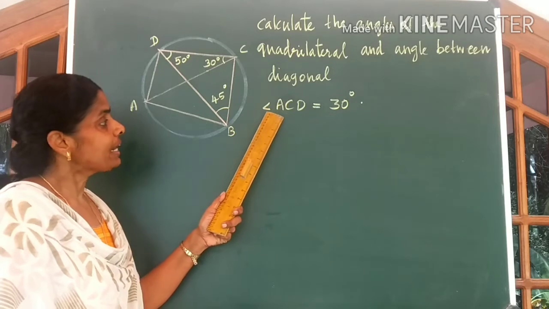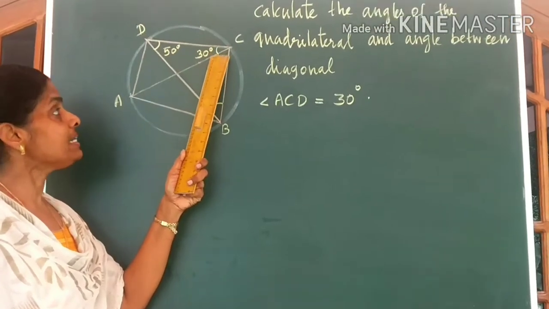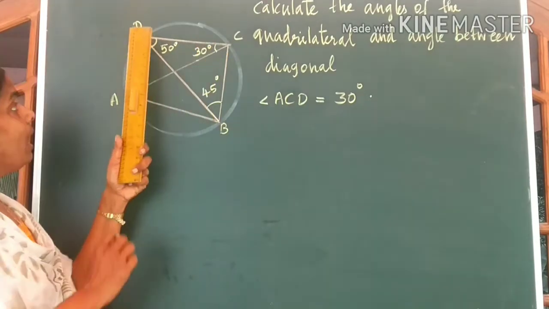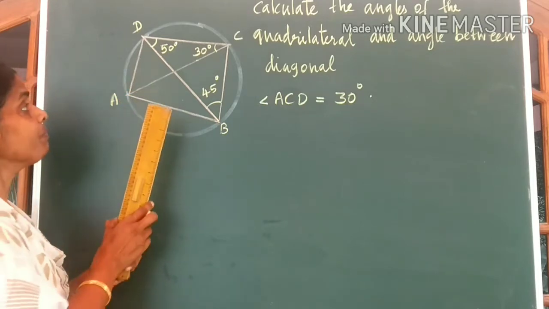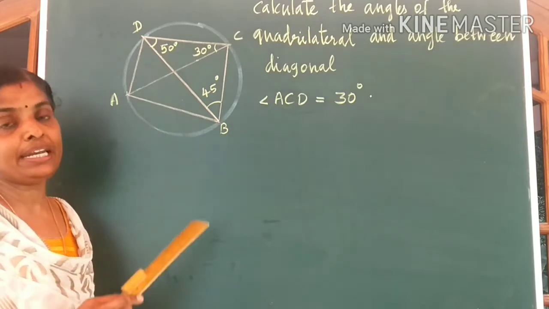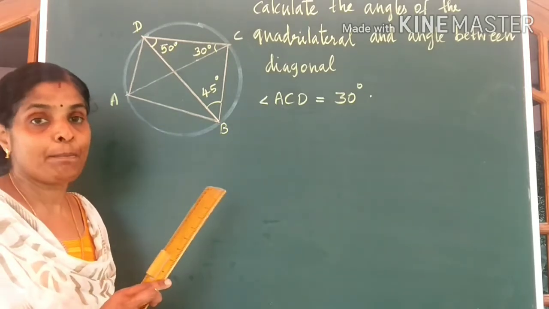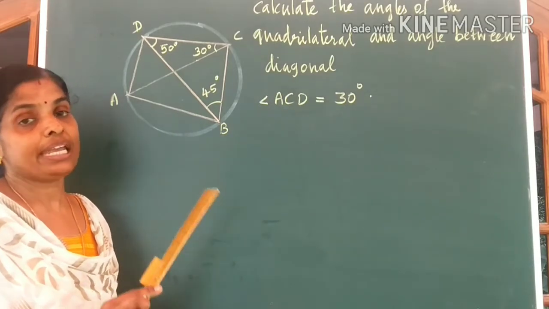First of all, consider angle ACD. ACD is given to be 30 degrees. Now, arc AD makes angle ACD in its alternate segment. We know all angles made by an arc on its alternate arc are equal.